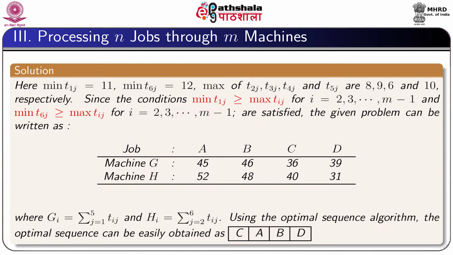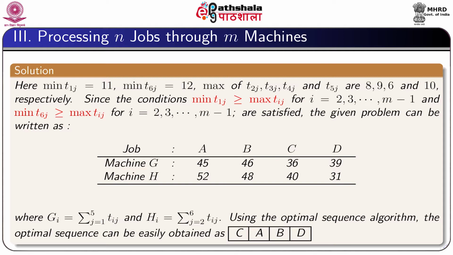Here we first check the conditions which are needed for application of the algorithm. Here the minimum of T1j equals 11 and the minimum of T6j equals 12, and the maximums of T2j, T3j, T4j and T5j are 8, 9, 6 and 10 respectively.